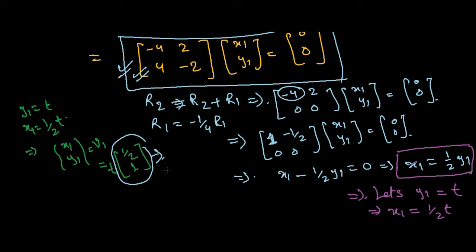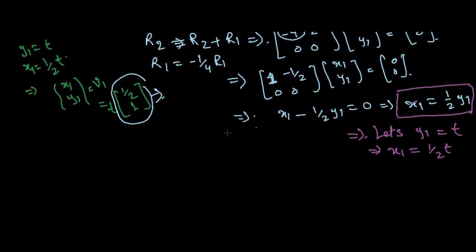Okay, so you must be wondering about this constant t that we have taken here. As per this, v1 is equal to t times (1 by 2, 1), and this should be our eigenvector, right? And I'm not saying that this is not an eigenvector.